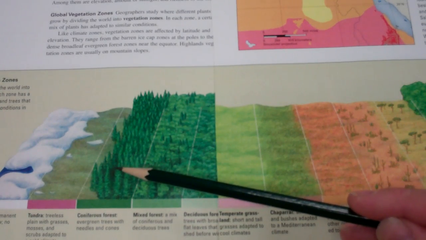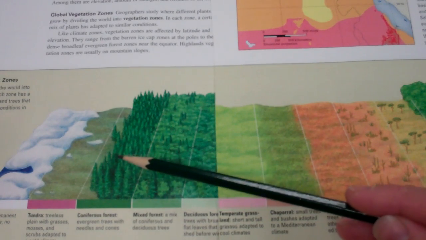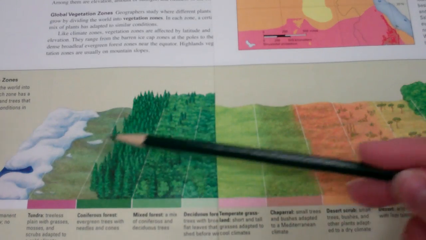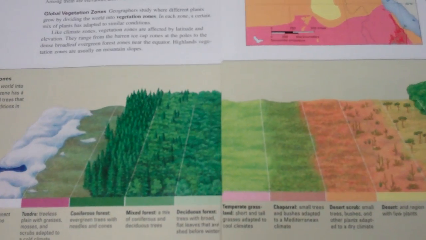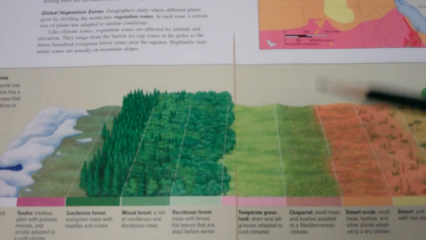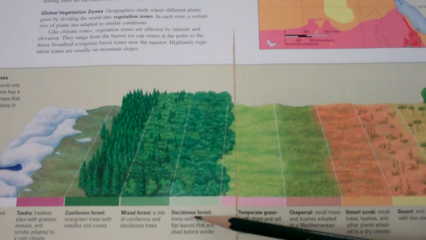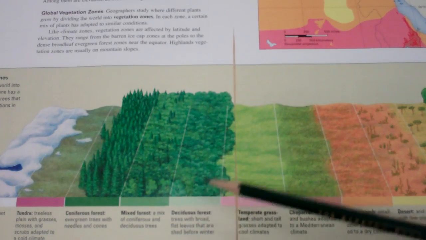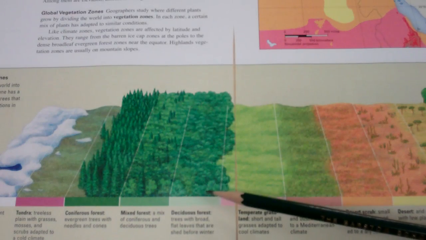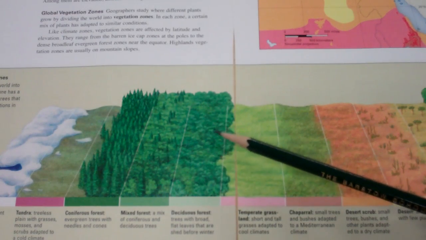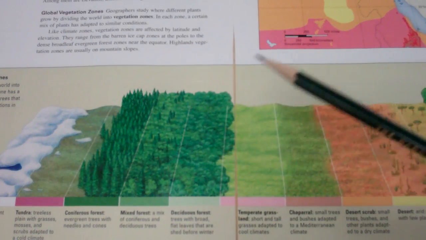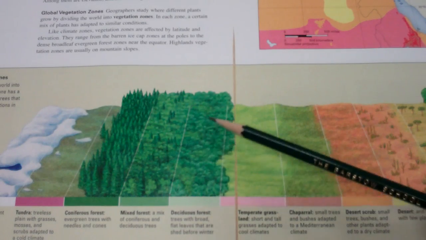They need to be strong and thick to survive in areas with lots of snow and cold winters. Then you're going to find forests like we have in our area, which are called deciduous forests. And deciduous forests are trees like maple, oak.